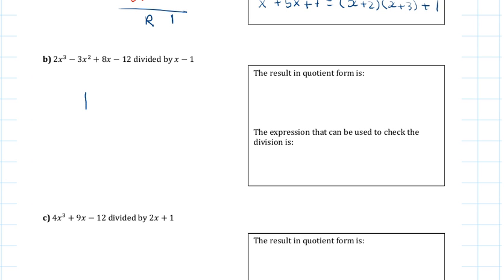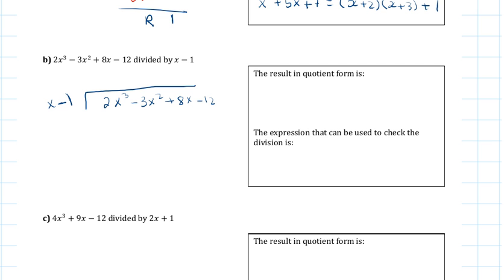Okay. Second example. If I divide 2x cubed by x, that's going to give me 2x squared.